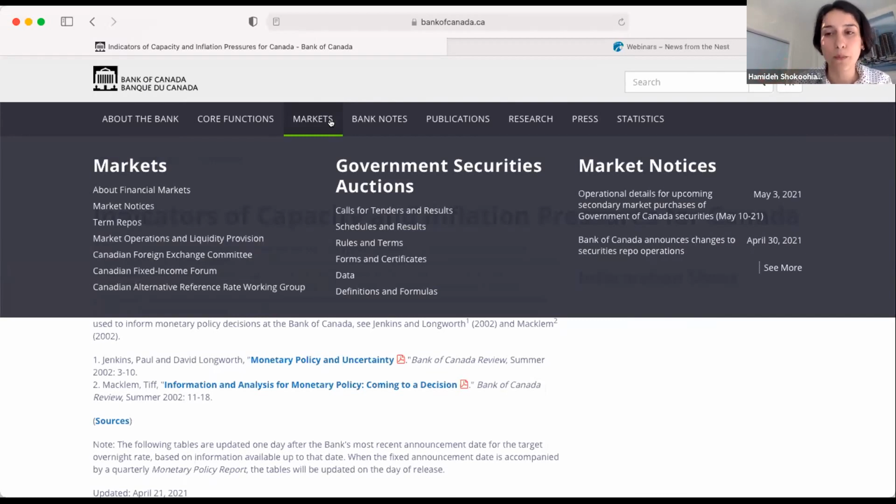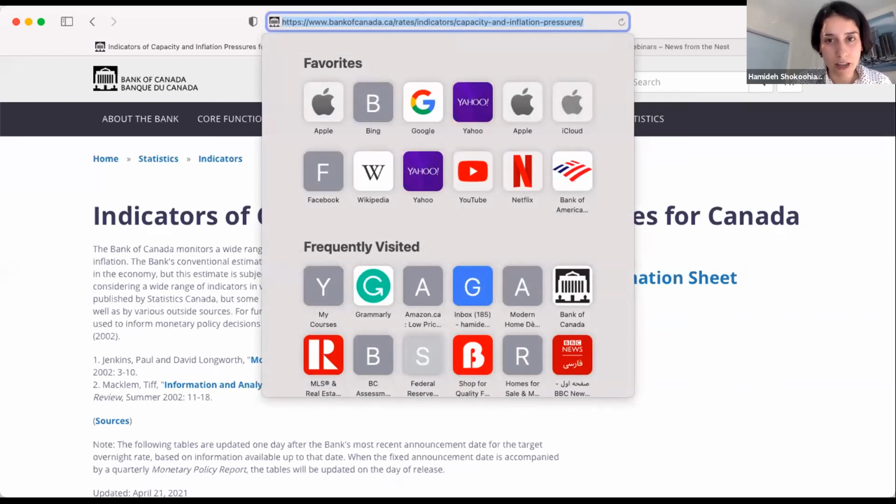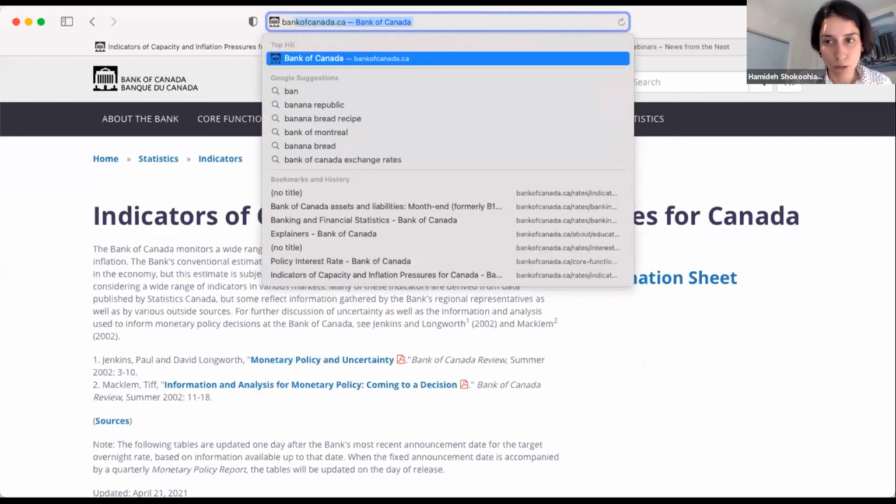So I ask them to pick up their phone, open Google, and search for the website of the Bank of Canada. I make sure that all of them are following this, all on the same page with me, and then I give them minimal instruction.